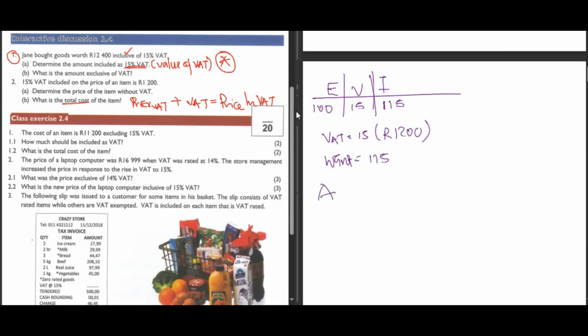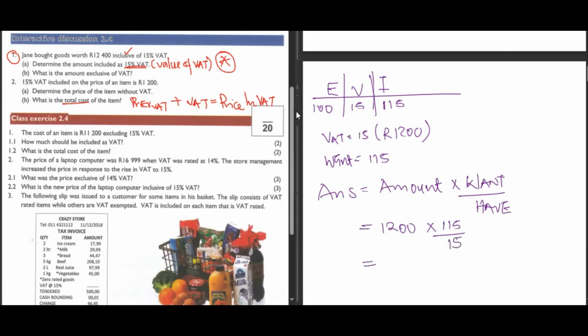So our answer will equal the amount times the percentage that you want divided by the percentage that you have. So here we have 1,200 times 115 over 15.